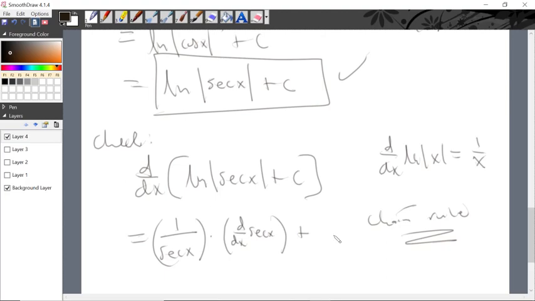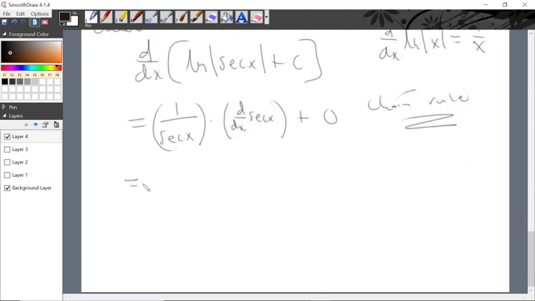And then the derivative of the constant is 0, so we get plus 0. So we have 1 over secant x, and then what is the derivative of secant x with respect to x? It was secant x tangent x. The secants cancel each other out, so this just simplifies to equal the tangent of x, and that's what we wanted. That was our original integrand, tangent of x.